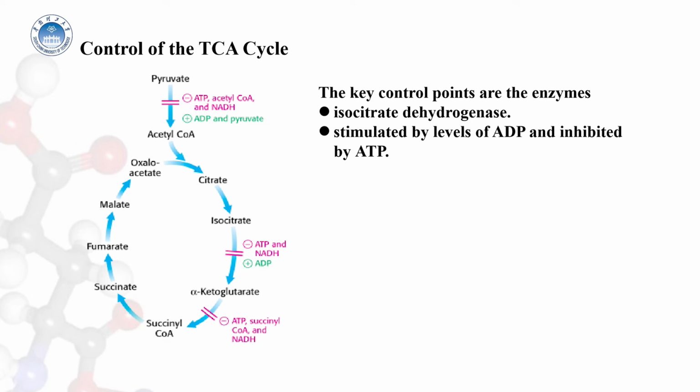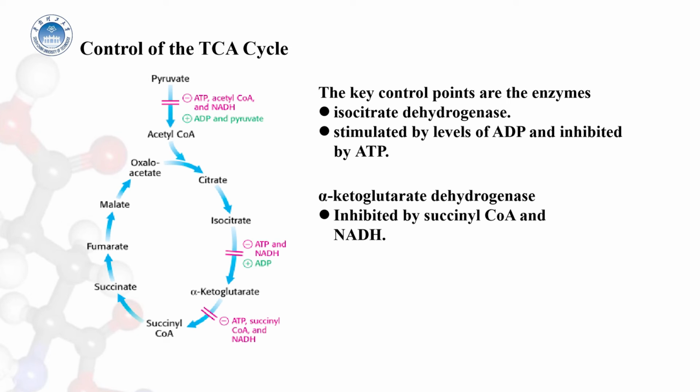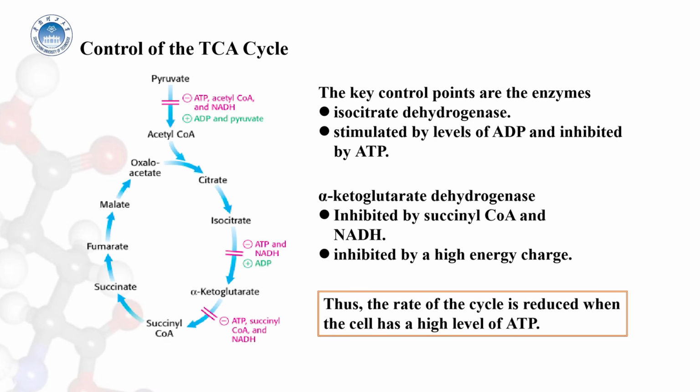The second one is alpha-ketoglutarate dehydrogenase, and this enzyme is inhibited by succinyl-CoA and NADH and a high energy charge. Thus, the rate of the cycle is reduced when the cell has a high level of ATP.